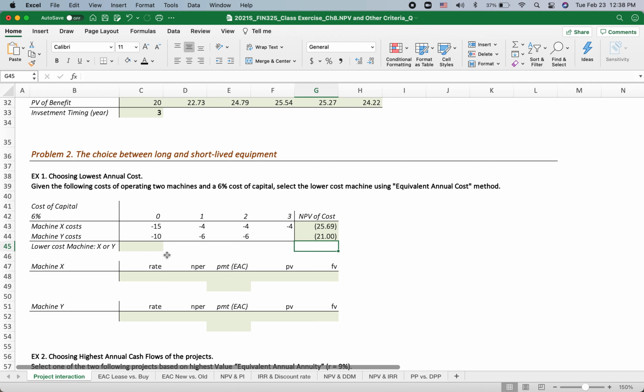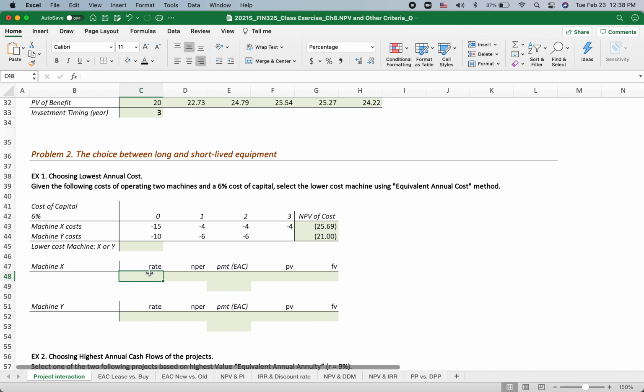In order to do so, we need to calculate the equivalent annual cost. What is the annual cost if we stretch these different amounts into forever, or separate them into an annual payment?